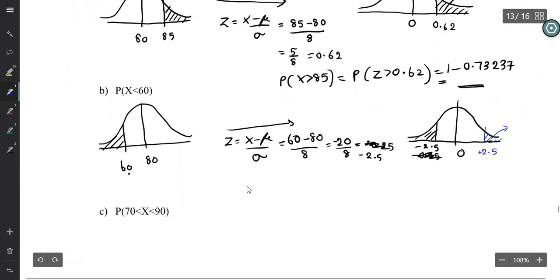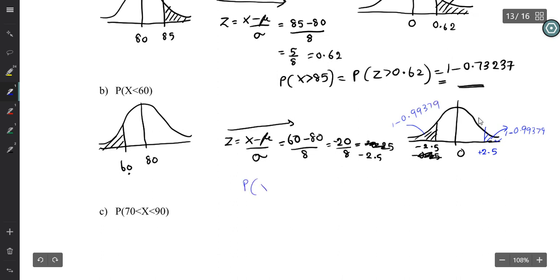0.99379. So this is 0.99379, 1 minus. So it is the same as this side. Okay, so you can find 1 minus 0.99379. So that is your answer.